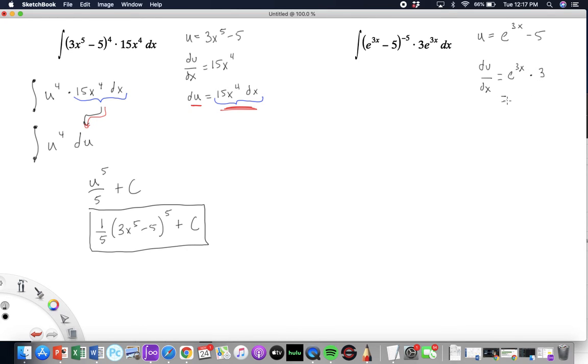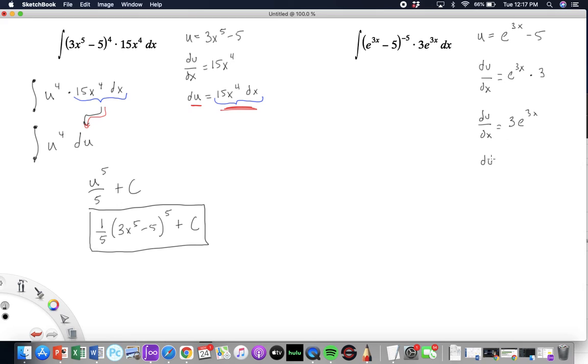So that comes out to be du/dx equals 3e to the 3x. That's pretty convenient here. So let's solve for du.